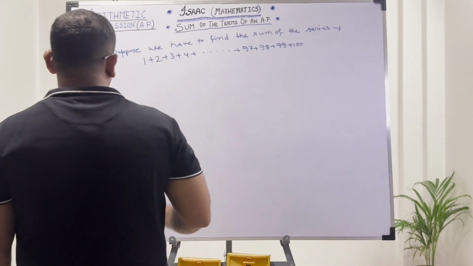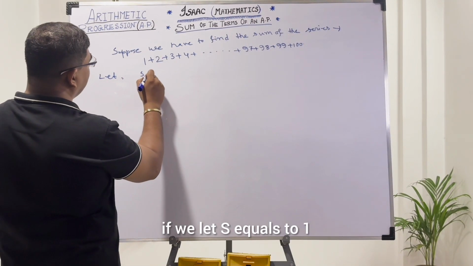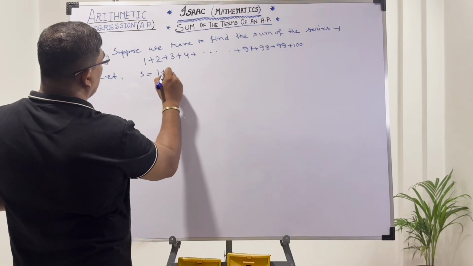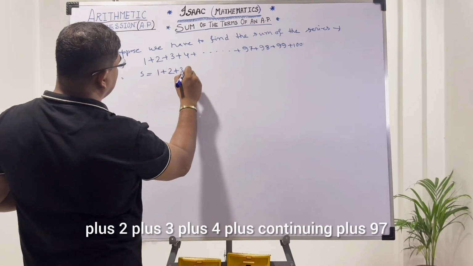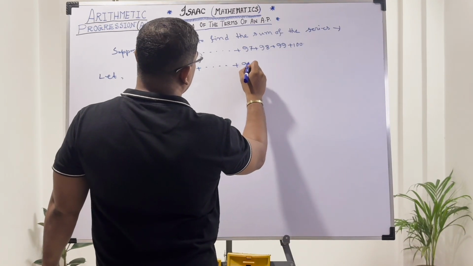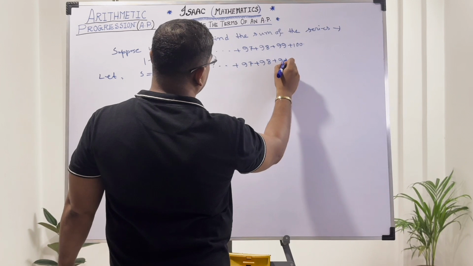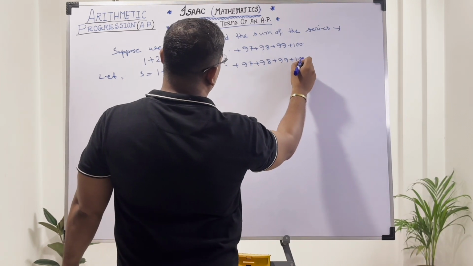Now, if we let S equals to 1 plus 2 plus 3 plus 4 plus continuing plus 97 plus 98 plus 99 plus 100.